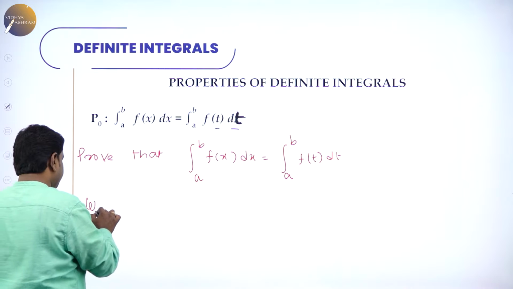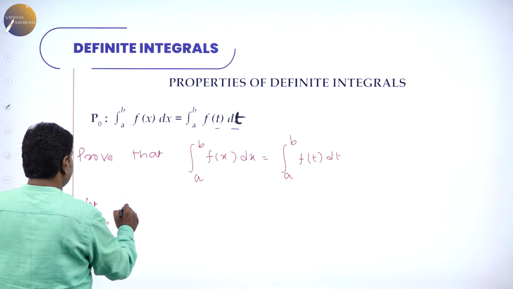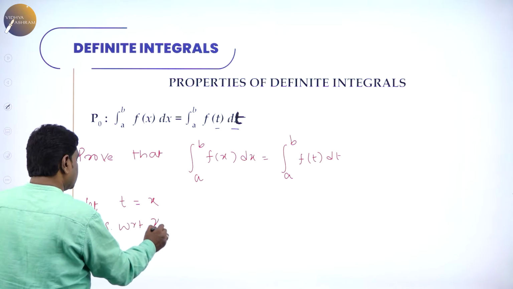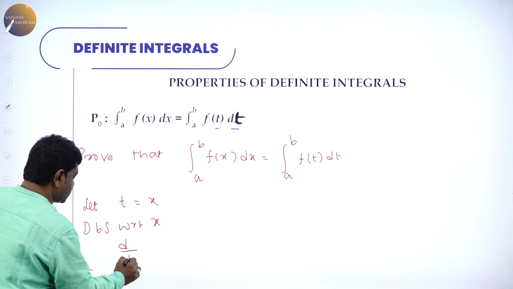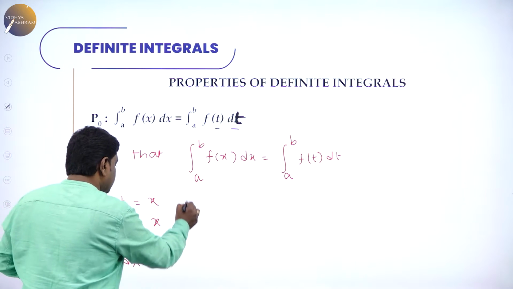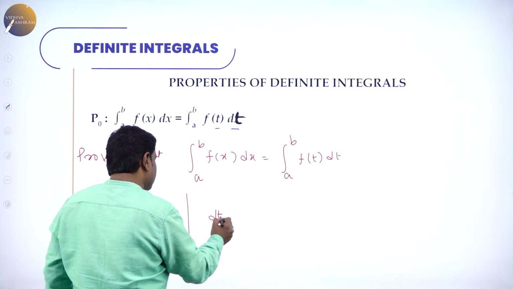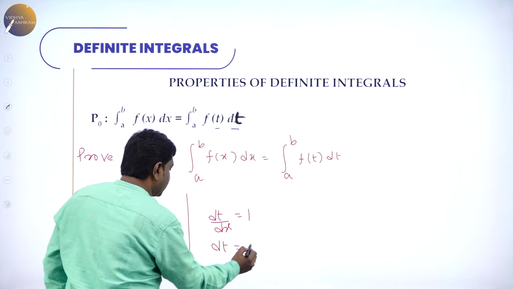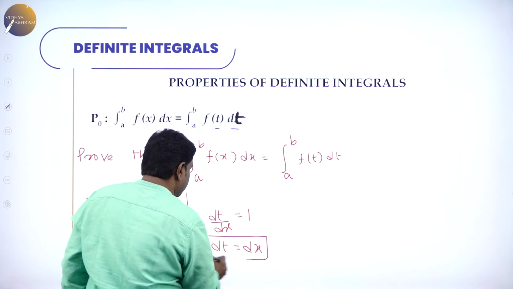Let t be equal to x, I'll assume. Differentiate both sides with respect to x. Then the LHS becomes d by dx of t, equal to the RHS d by dx of x. So dt by dx is equal to 1, or dt is equal to dx.